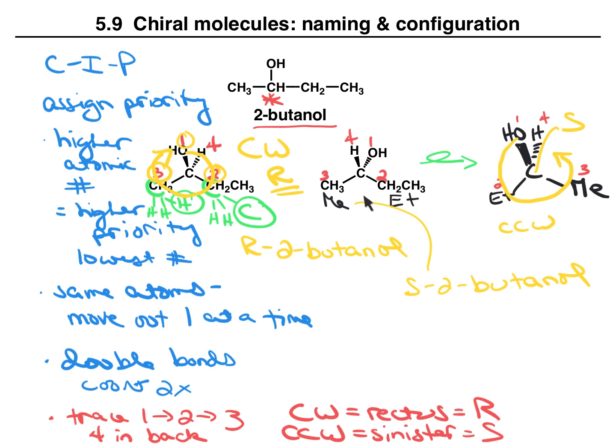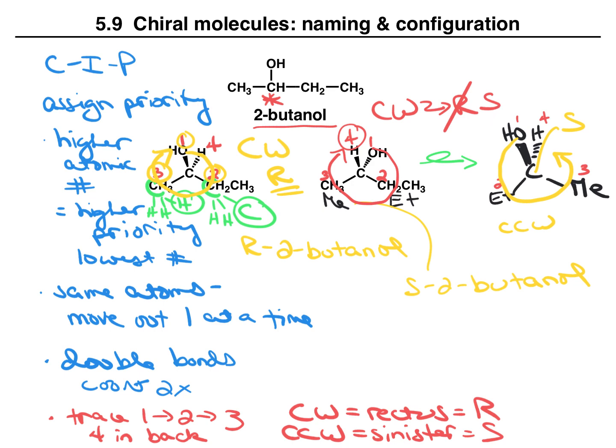Now, let's come back to this again, because if our lowest priority is not back, either we can flip it over, put the lowest priority back, and then assign configuration, or we can break the rules a little bit, where looking at 1 to 2 to 3, this is clockwise, which would lead to R, but because our lowest priority is in front instead of in back, then we change the assignment to S. In other words, your options are flip the molecule and then assign, or assign and then flip the assignment.